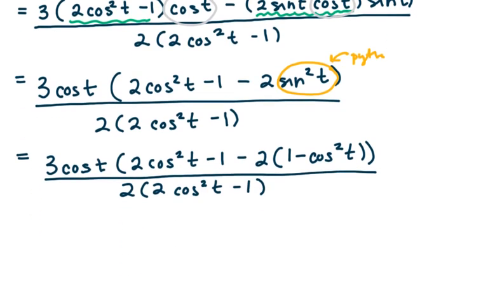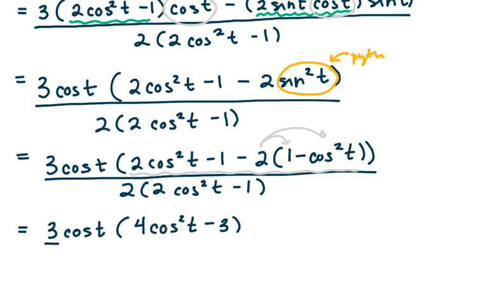So distributing that 2 to both the 1 and the cosine squared, I can collect some of the terms in this set of parentheses, clean that up a little bit. I have 3 cosine t times the quantity 4 cosine squared t minus 3, all over 2 times 2 cosine squared t minus 1.